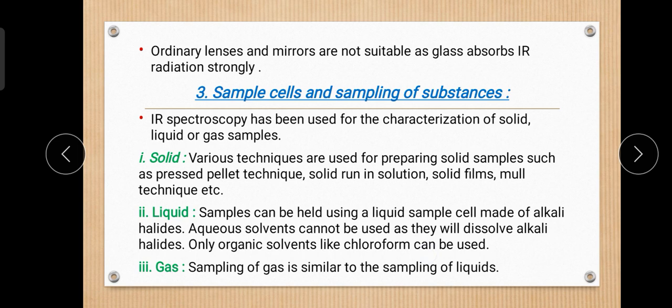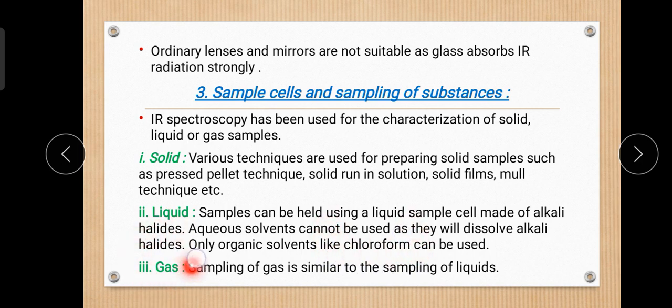That means with the alkali halides we cannot use aqueous solvents, because the property of aqueous solvents is that they dissolve the alkali halides. So we cannot use both at a time. So only organic solvents are used, and organic solvents like chloroform are used.